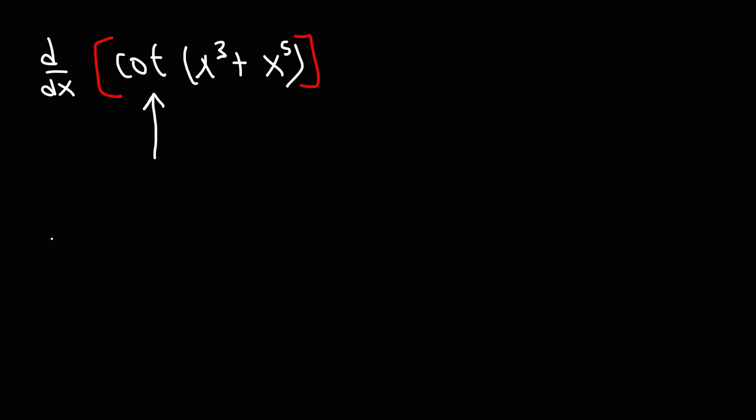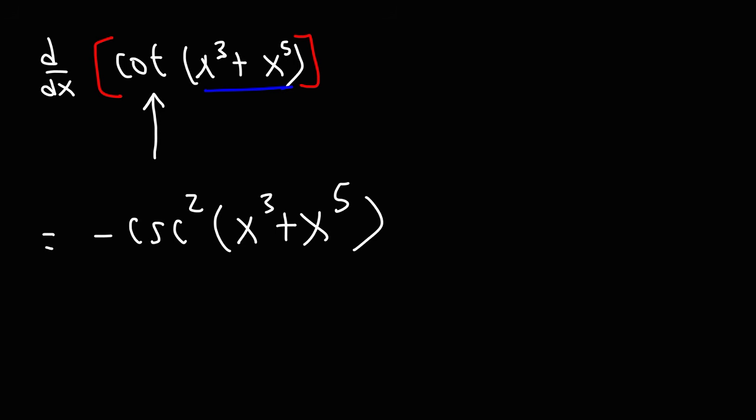Now what about the derivative of, let's say, cotangent of x cubed plus x raised to the 5th power? The derivative of cotangent is negative cosecant squared. So we're going to have negative cosecant squared, and then whatever we have inside of the angle of cotangent, that's going to be the same for the angle of cosecant squared, which is x cubed plus x to the 5th power.